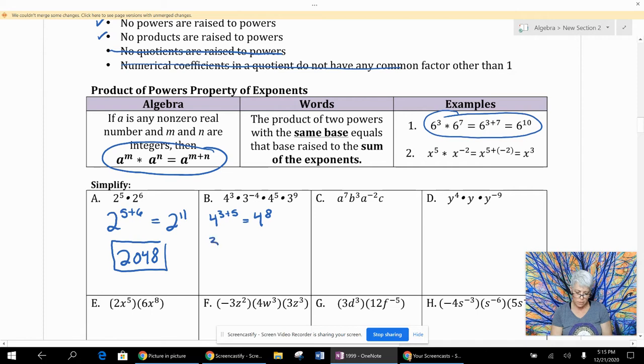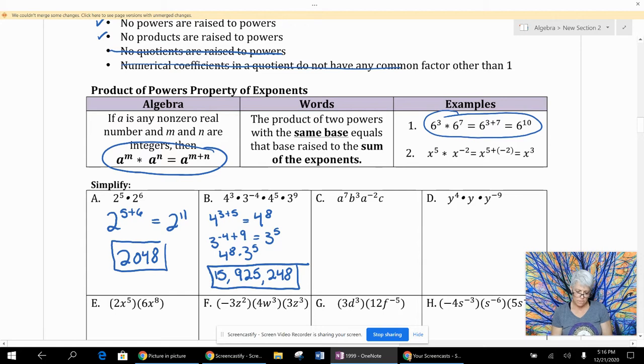Now if I combine the 3s, I get 3 to the power of 5. So that would be 4 to the power of 8 times 3 to the power of 5. And if I put that in my calculator, it is this huge number, 15,925,248. Crazy.